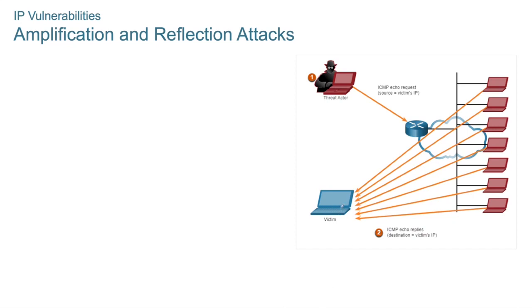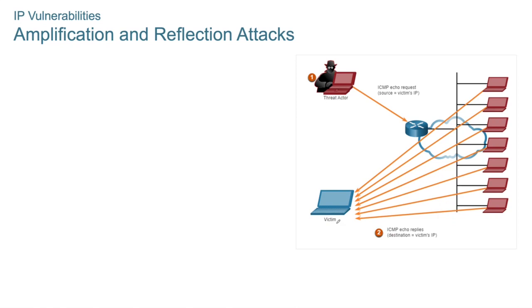So the victim's IP address is used in this ICMP packet as the source address. Then when this packet comes to your router, it checks the header field of this packet. In that header field, it finds the source IP address. The source IP address is the IP address of this victim, correct?